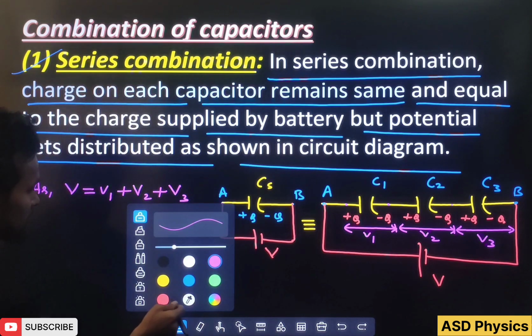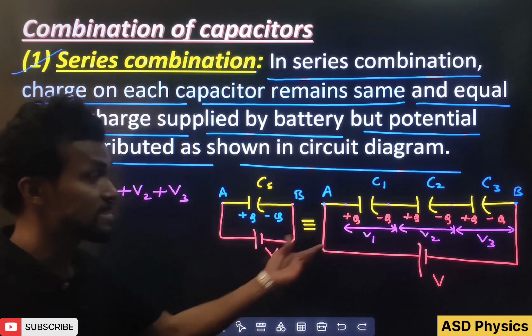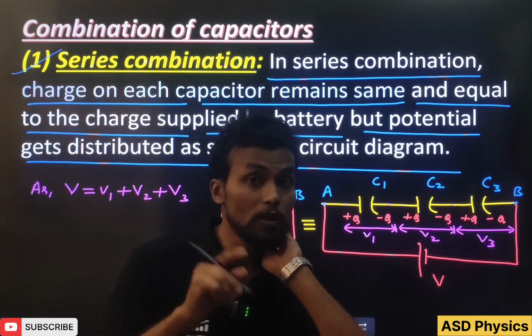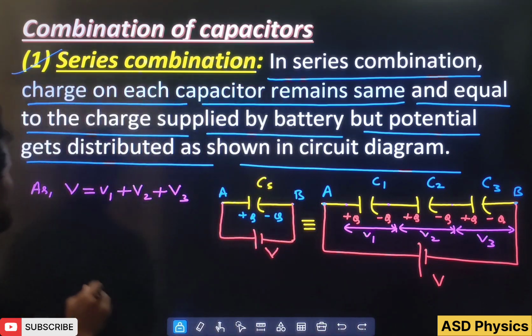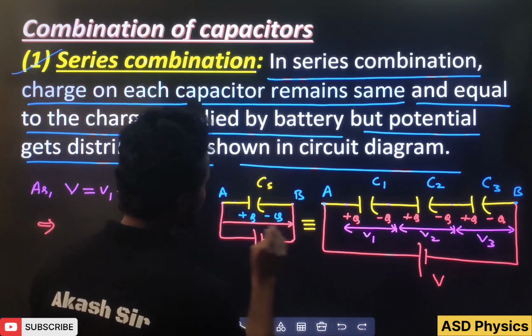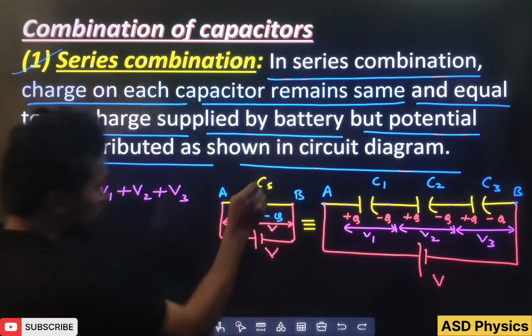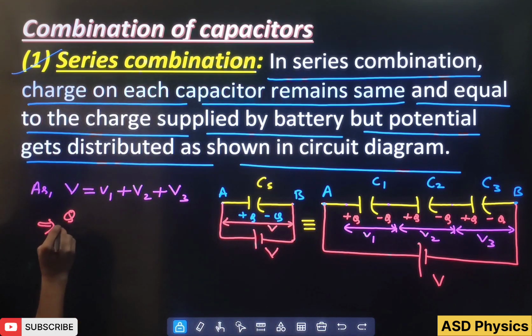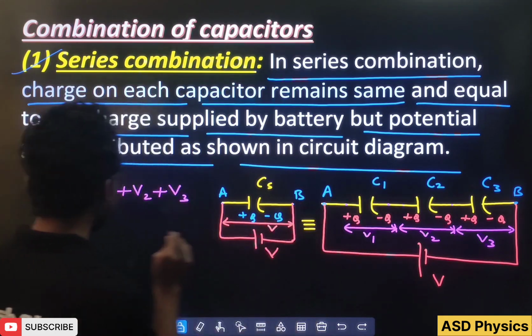Now students, you know very well, as the charge on the capacitor is same, and Q equal to CV. So what is V? Here potential difference is V. So we can write V means Q by CS is equal to V1, which is Q by C1.